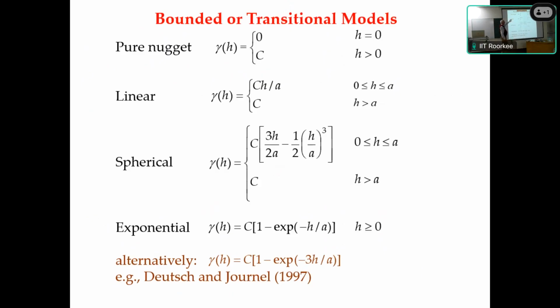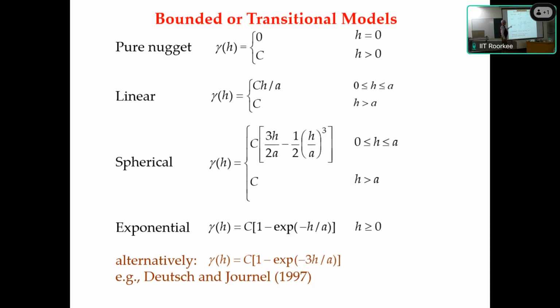The linear model can be described with this simple equation. It's C times h over a for lag distances between 0 and a, and then C for h larger than a. That's that linear, blue curve.